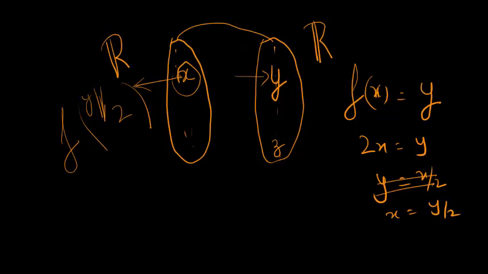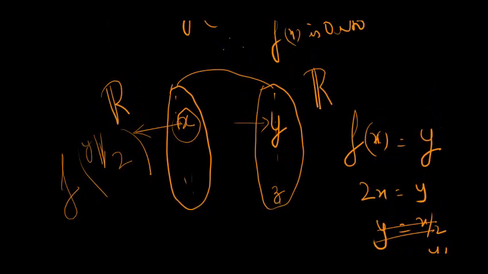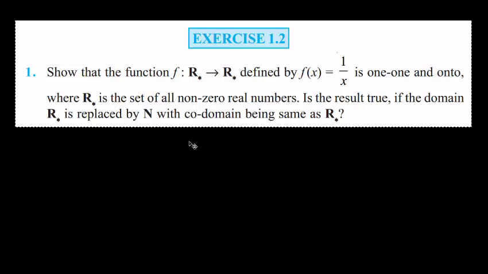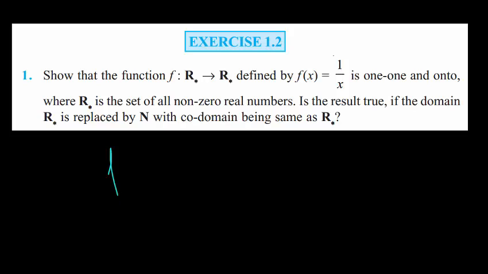Okay, so let's now look at a different question. What I have done here is to pick up an exercise question from NCERT. The function here has been defined from R to R, but there is a star next to it. It can actually be written as R naught to R naught.